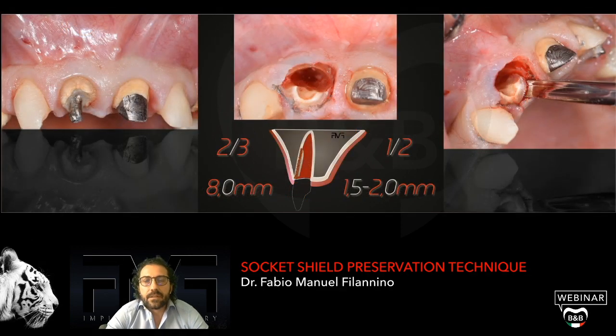Here is another example of a socket shield technique, and I wrote for you all the numbers that we have to keep in mind to perform this technique.